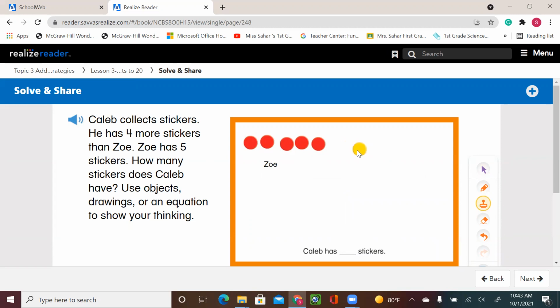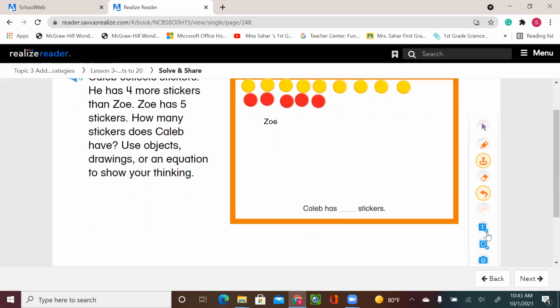So Caleb has four more. So let's say that will be 1, 2, 3, 4, 5, and 4 more: 6, 7, 8, 9. And that will be Caleb.